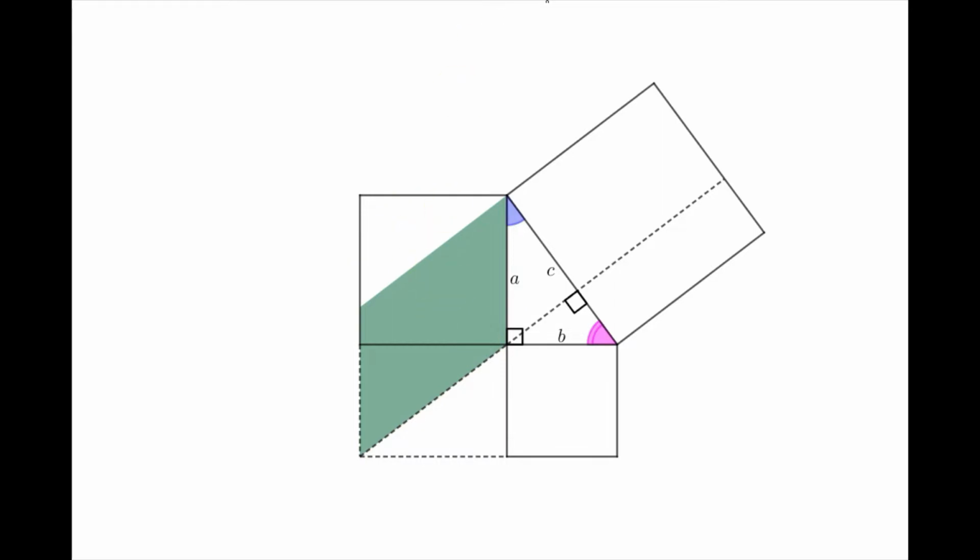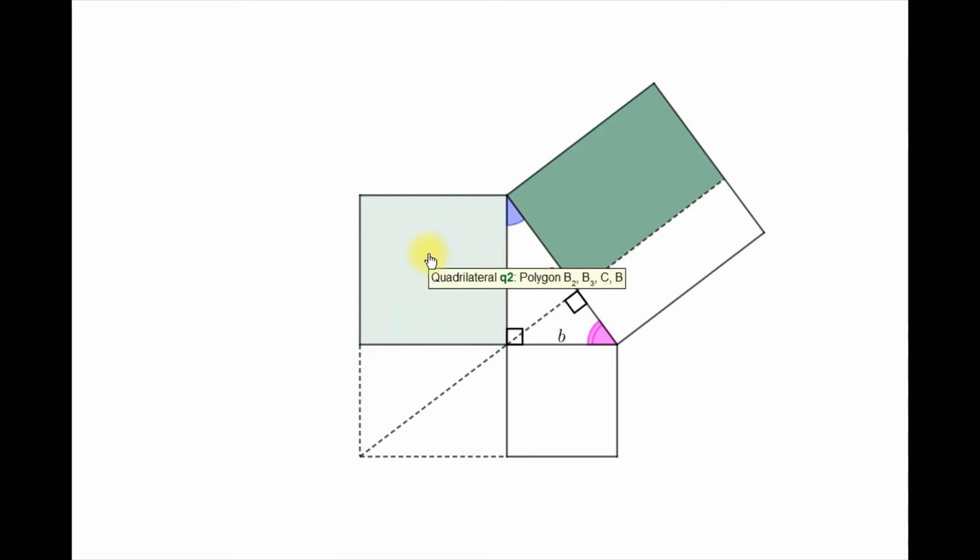So when I do that, I can shift it over there. And if I do it one more time using those same sides, I can shift it there. So what I've done, because in all of those cases I'm moving and keeping some bases fixed and the height between them fixed, it means that that chunk of the big square, that rectangular chunk, has exactly the same area as this square on side A.